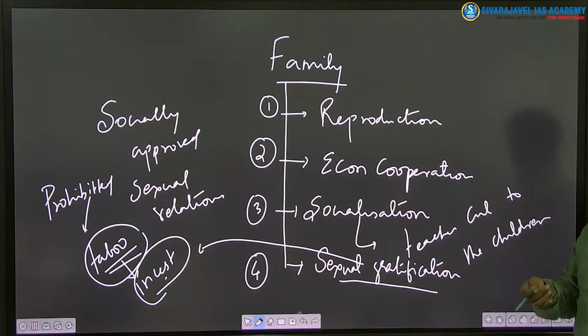So the species survival will be threatened, and a species carrying defective genes generation after generation will become extinct. So for biological survival, sexual relationship is regulated by society. So reproduction, economic cooperation, socialization, and sexual gratification are the four functions of the family.